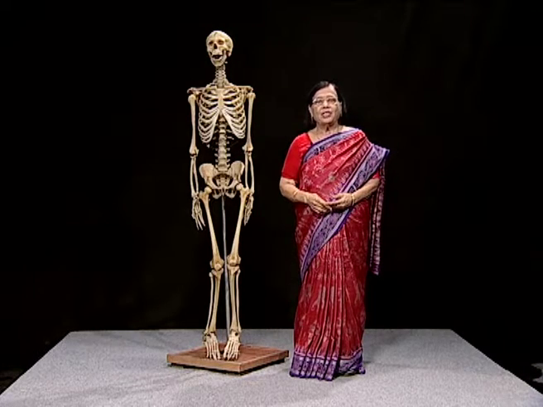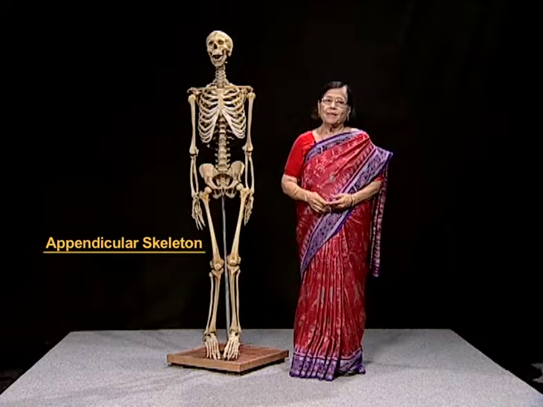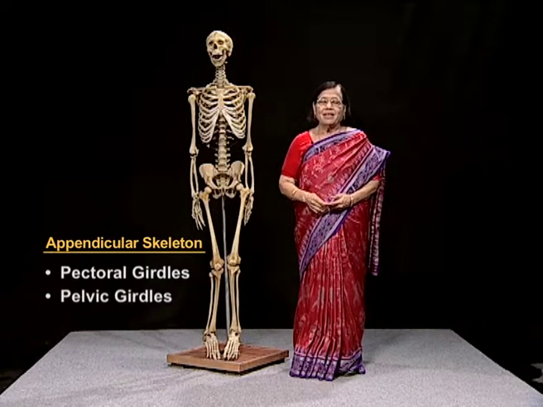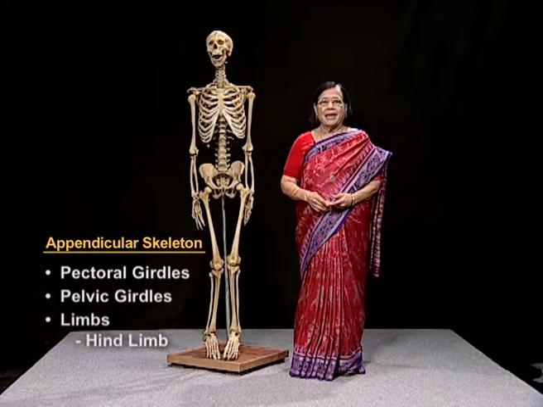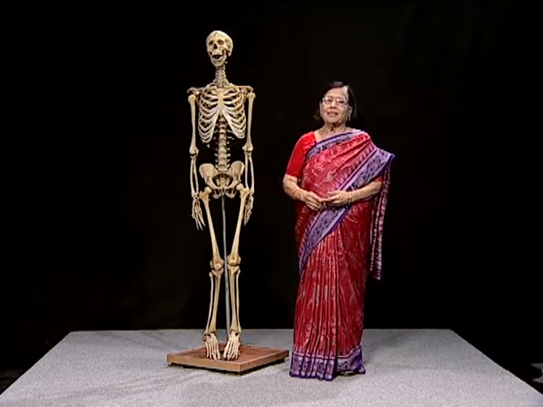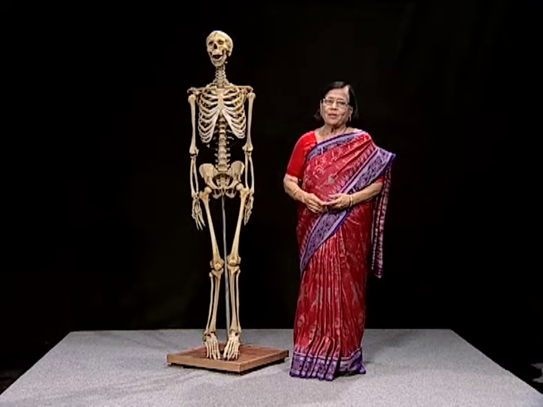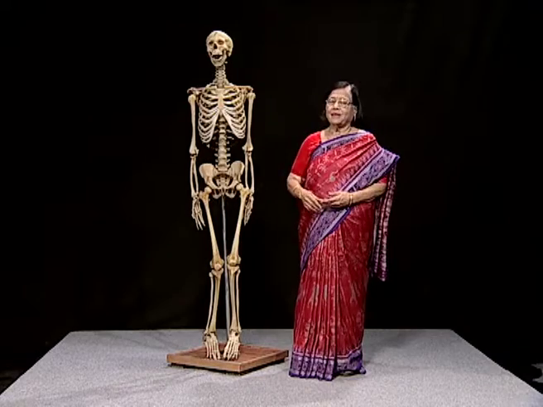The other division is appendicular skeleton, which includes pectoral girdle, pelvic girdle, limbs, hind limb and the forelimb. Let me start explaining the bones in this skeleton, starting with the head, which is part of axial skeleton.